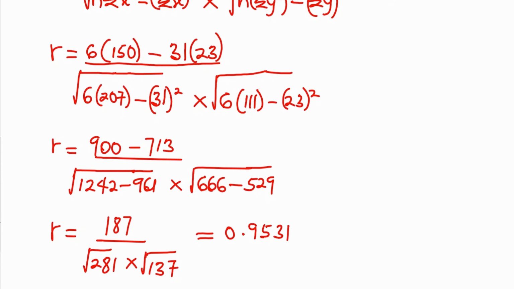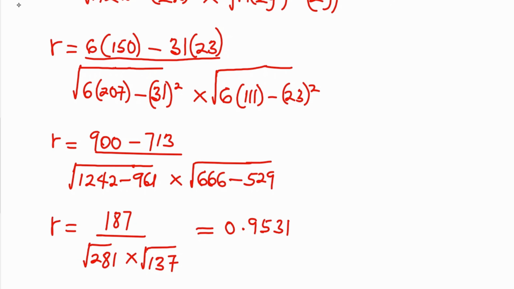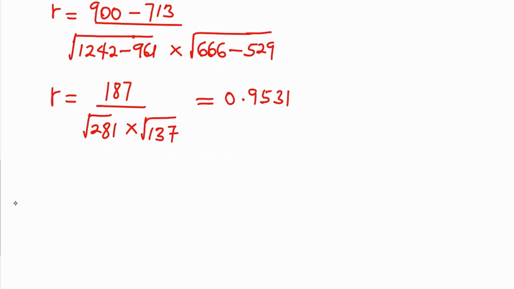So we continue by solving the second question, which says that we should comment on our results. Now we have the R value to be 0.953. What does it mean? What conclusion can we draw from this R value? We go back to the interpretation of the Pearson correlation coefficient, or the product moment correlation coefficient.